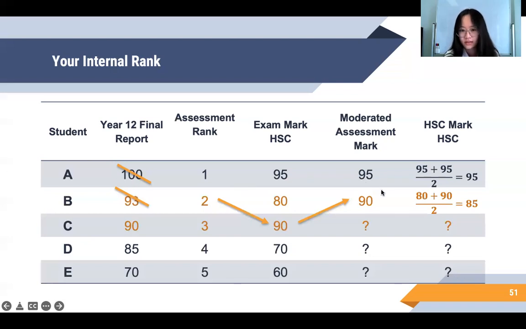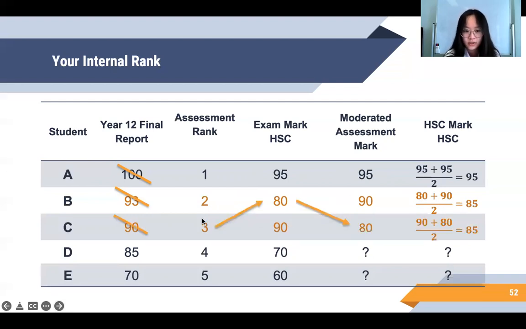And when you average it, they got 80 in the exam, but their internal mark is 90. Average it, they get 85. Student C, they ranked third, which means that they take the third highest HSC exam mark, which means that they get 80, right? And when you average it, you get 85 again.